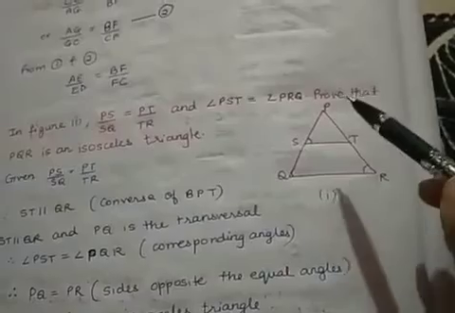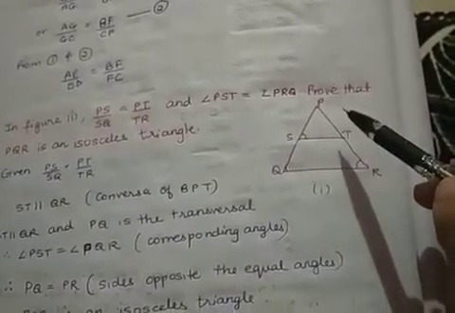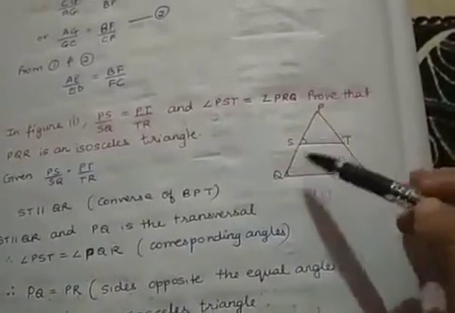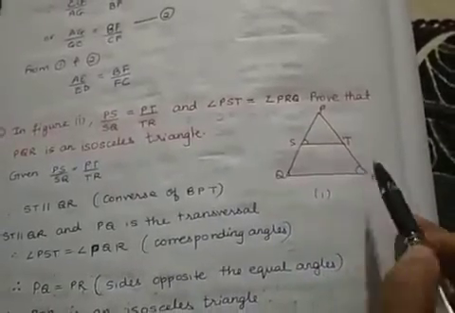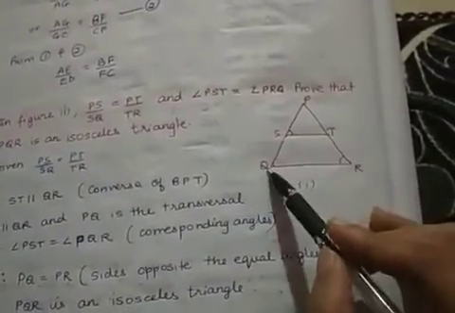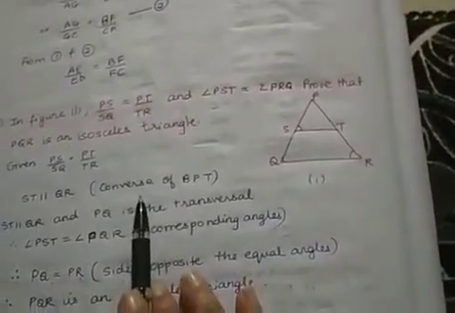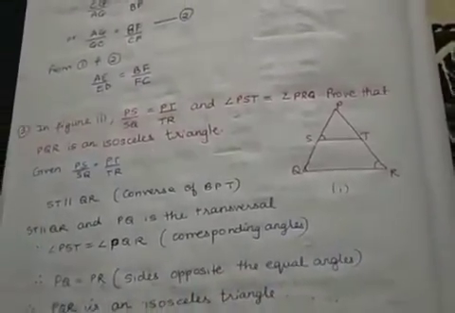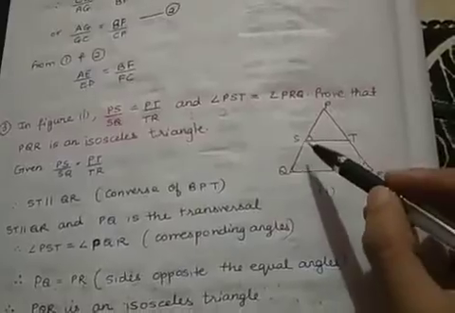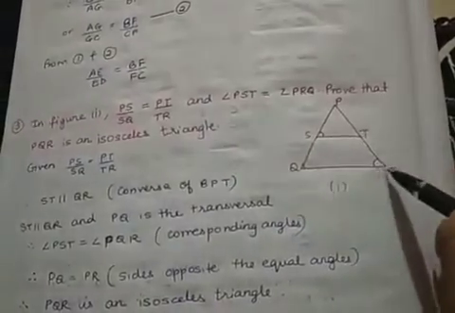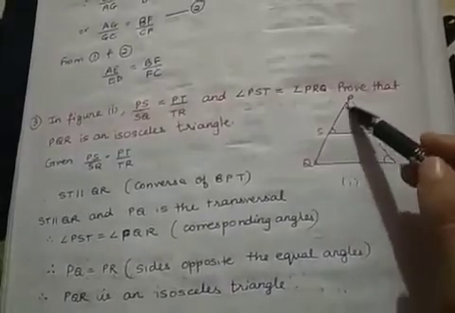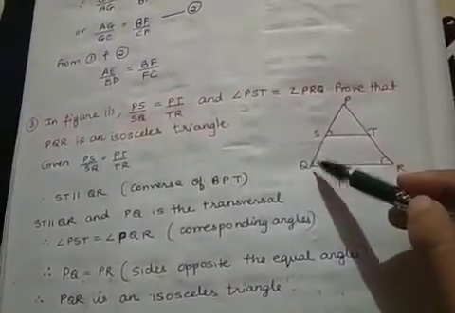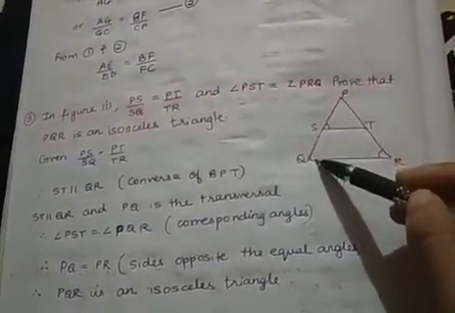So by converse of basic proportionality theorem, I can say that the sides are in the same ratio, so the two lines have to be parallel, right? So ST will be parallel to QR. This is by converse of basic proportionality theorem. Now if this is parallel to QR, and PQ acts as your transversal, then this angle should be equal to this angle.